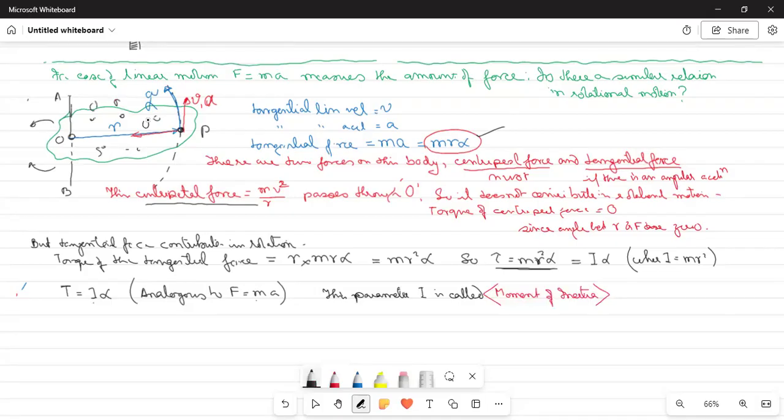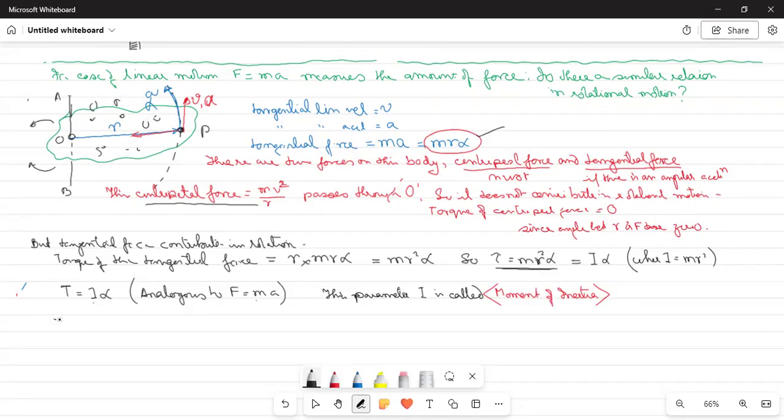They could have different masses m1, m2, m3, etc., and distances r1, r2, r3, etc. Then the total torque is only the summation of this.